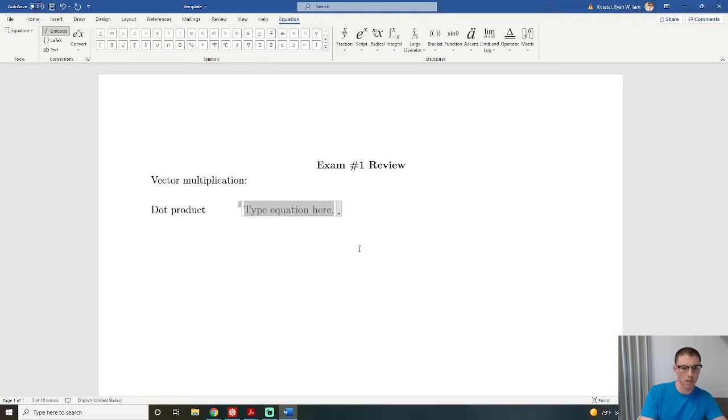And for two vectors, like A and B, the way that we calculate this is multiplying the respective components and adding them all up. So this looks like the x component of A times the x component of B, plus the y component of A times the y component of B, plus, if we have z components, the z component of A times the z component of B.